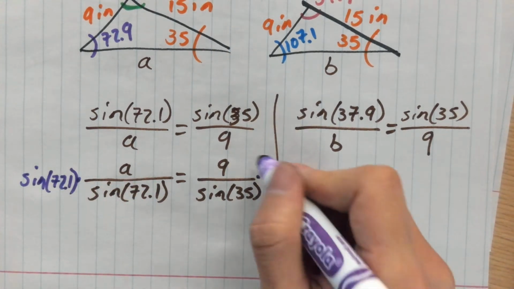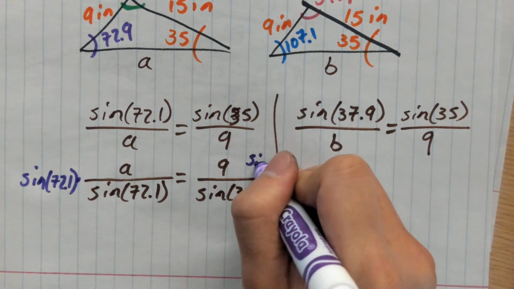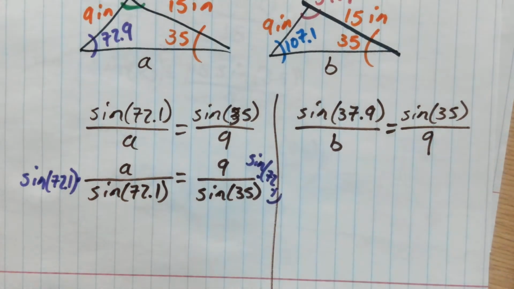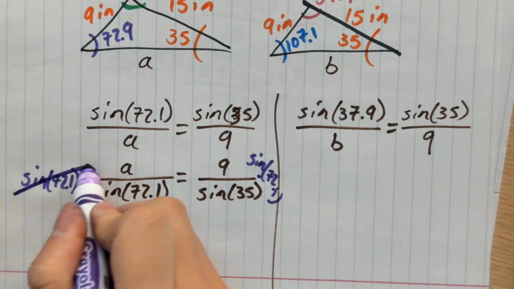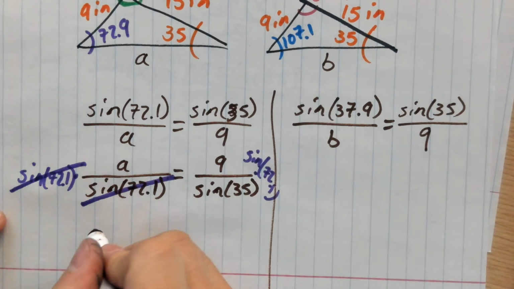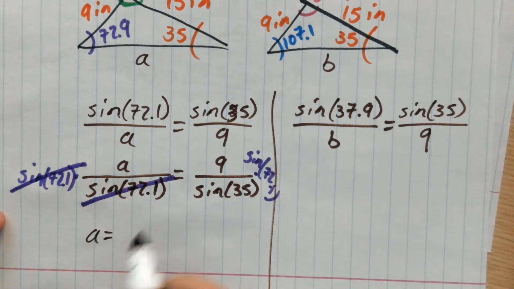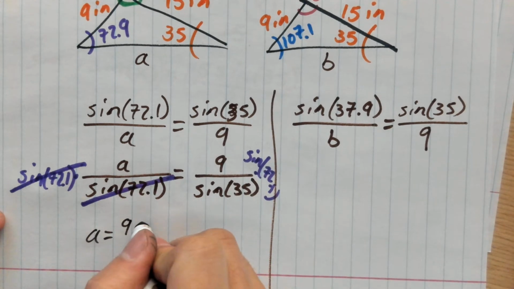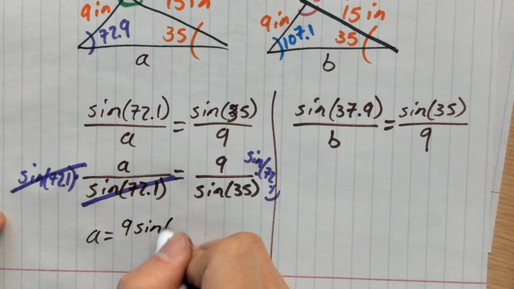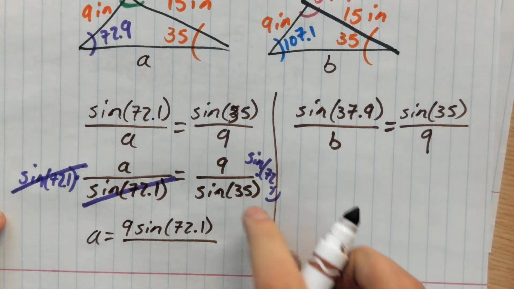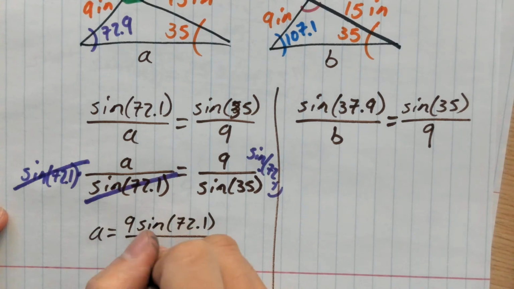On the left side, the sines cancel out, leaving me with A equals, remember the sine multiplies to the top, 9 sine of 72.1 over what I have on the bottom, which is sine of 35.